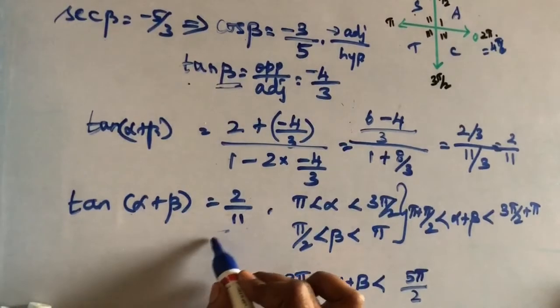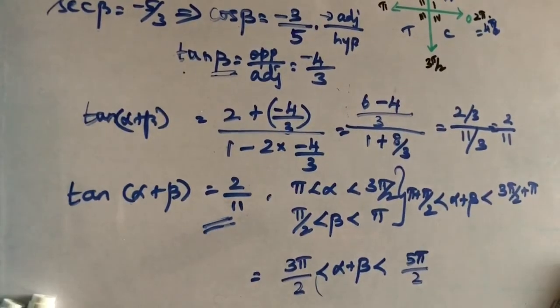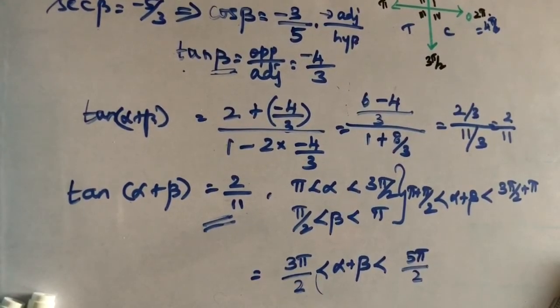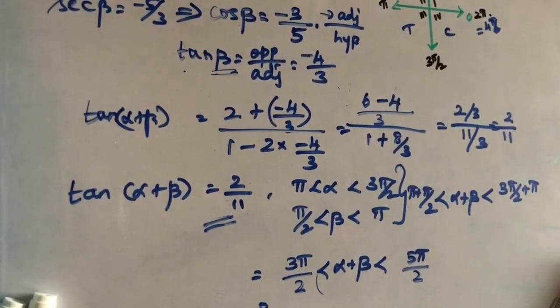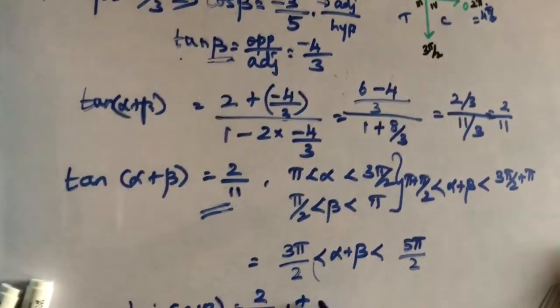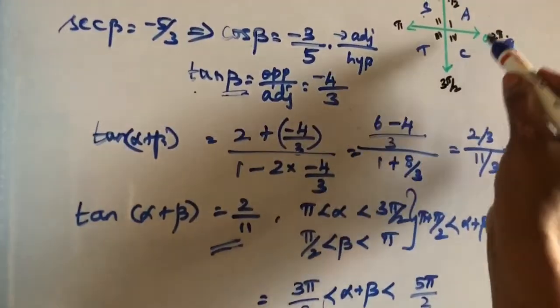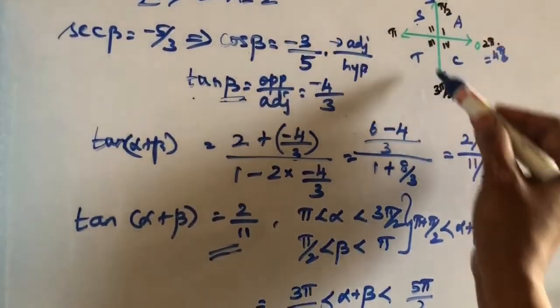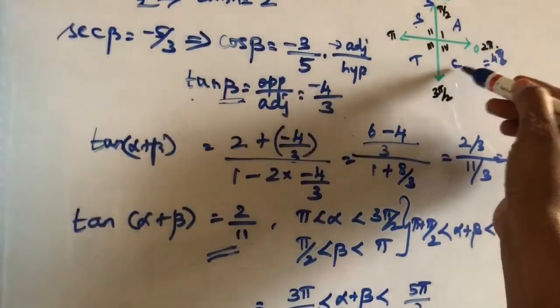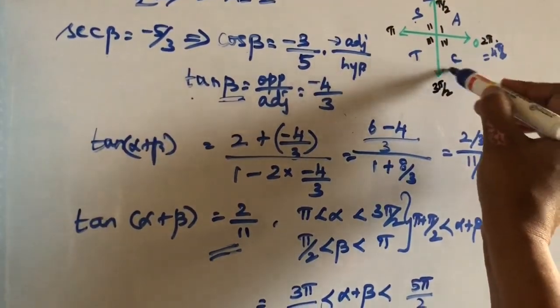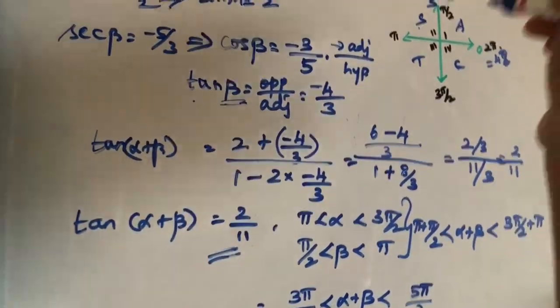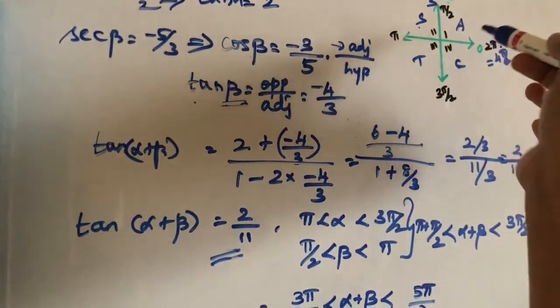But the value of tan(alpha plus beta) is positive. Tan(alpha plus beta) equals 2 by 11 and it is positive. So when we are checking the quadrants, in the fourth quadrant tan is negative, cos is positive. But in the first quadrant all ratios are positive.